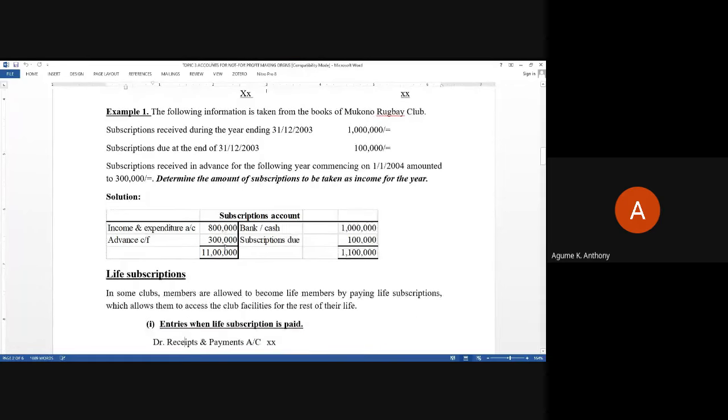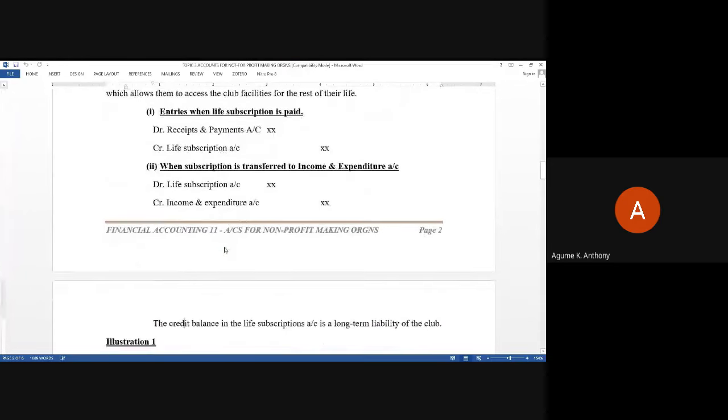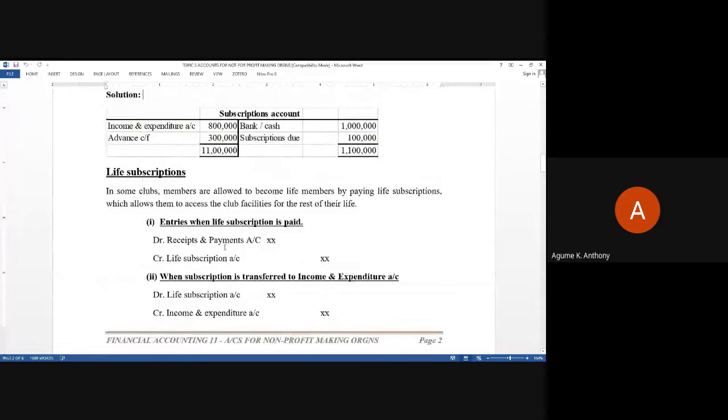Now, we talked of life subscription. Because you say that subscriptions, you could have ordinary, but then you could also have life. So in some clubs, members are allowed to become life members by paying a life subscription. Meaning that if you pay the life subscription, then automatically you qualify to be a member of that club till death.